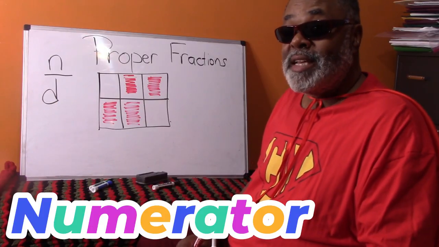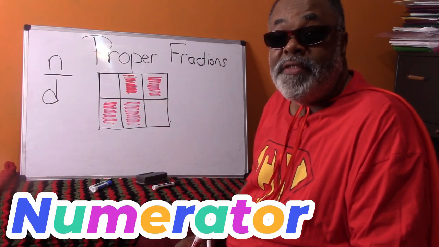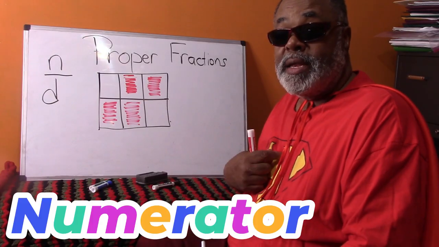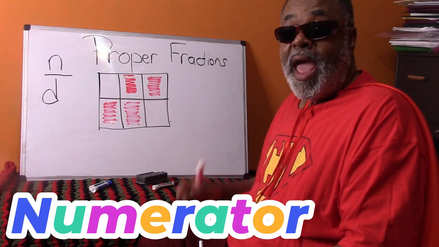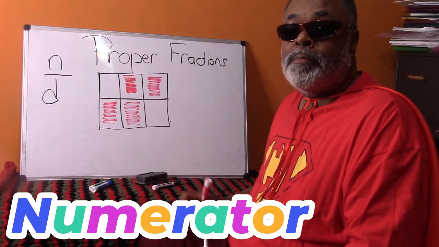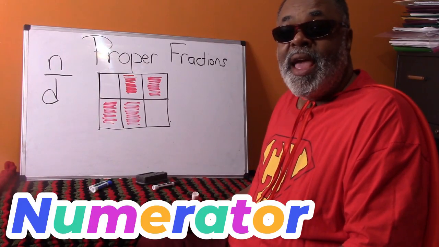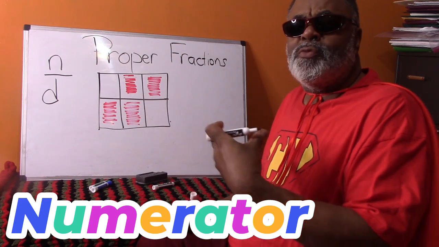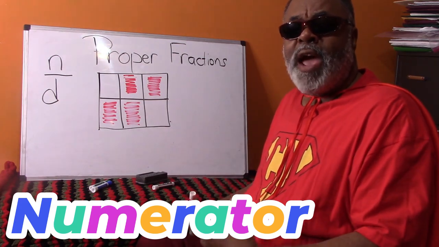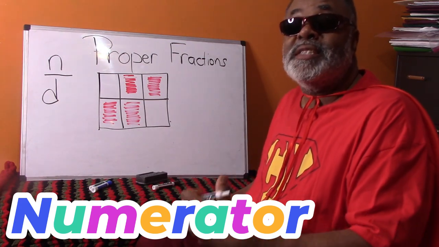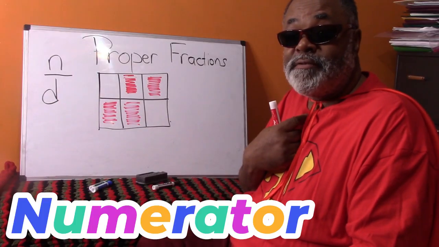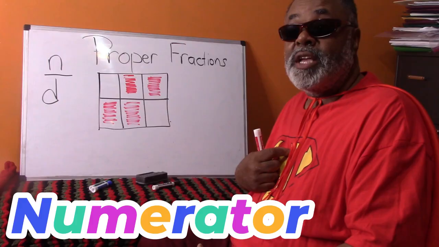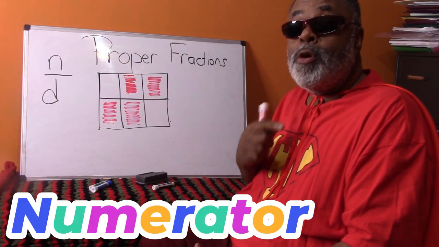The numerator says how many are shaded or unshaded. Now you notice I said unshaded because math has changed over the years. Back in the day, we only asked for the shaded part. But math teachers today are very critical. They ask what fraction is shaded, and what fraction is unshaded. So I have to specify, am I looking at the shaded fraction or the unshaded fraction? For today, we're going to look at both.